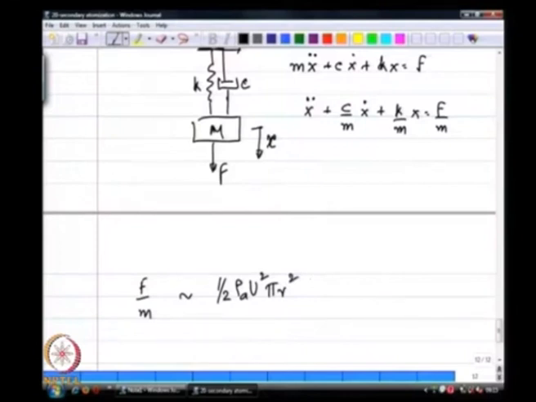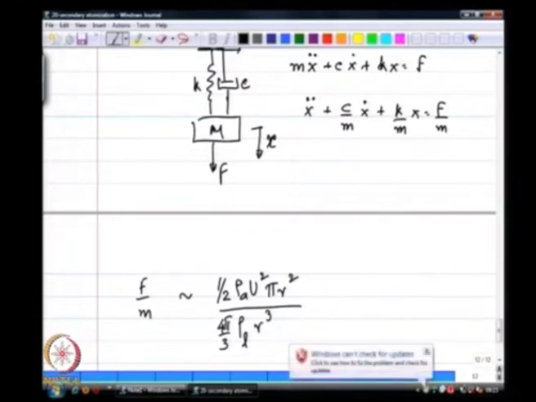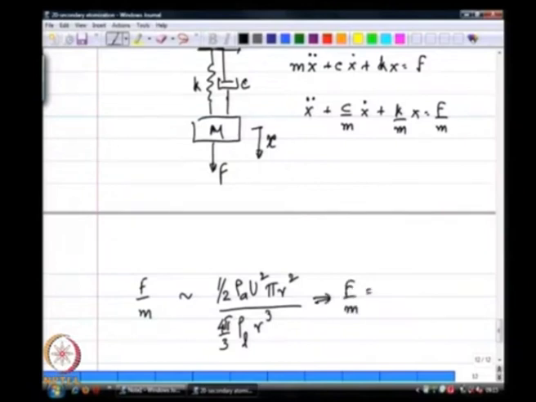So, half times rho a u squared times pi r squared is the magnitude of the force acting on the drop, divided by the mass of the drop itself, which is rho l times 4 pi by 3 r cubed. So, I am going to write this F by m as some C F times rho a u squared by rho l r.